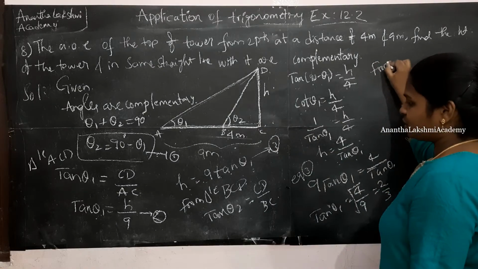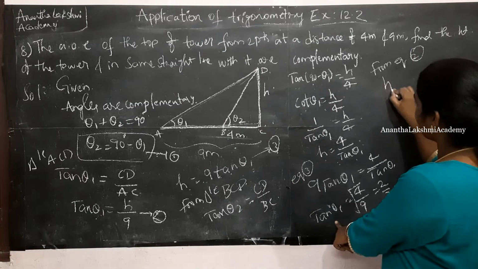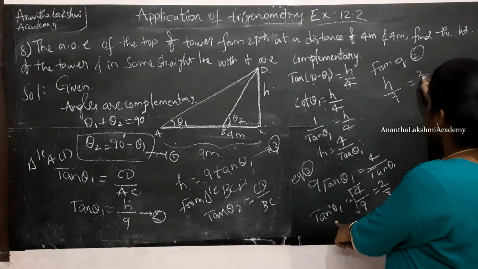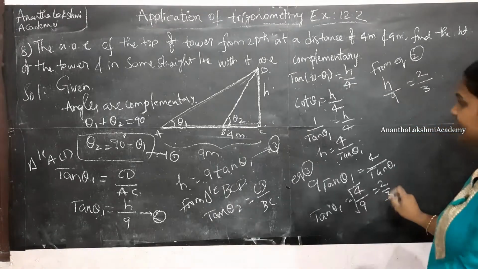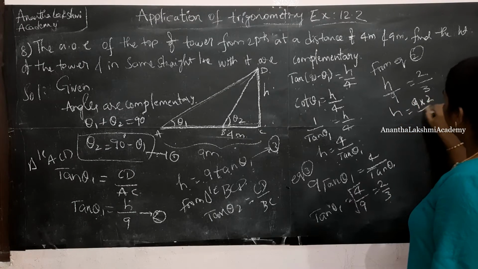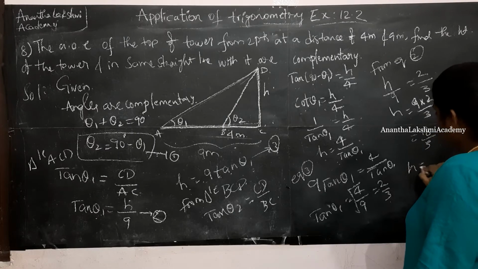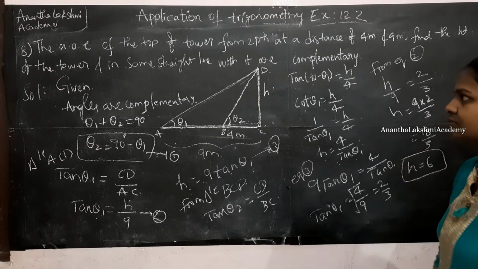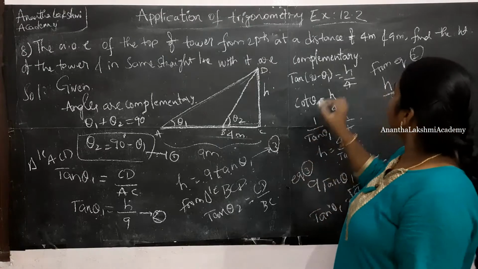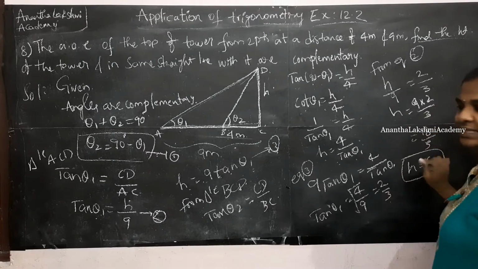From equation number 2, tan theta 1 is equal to H by 9 is equal to 2 by 3. Isn't it? So H is equal to 9 multiplied by 2 by 3, 18 by 3, which is nothing but 6. Alright. What are we supposed to find? Find the height of the tower, which is nothing but H, and H is equal to 6.